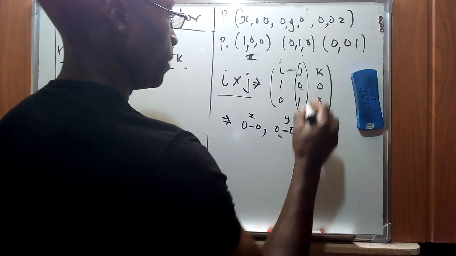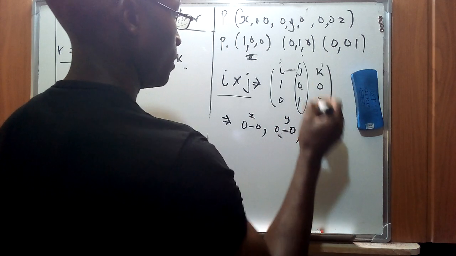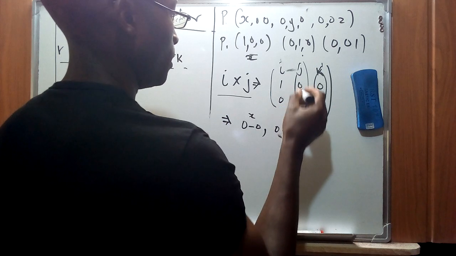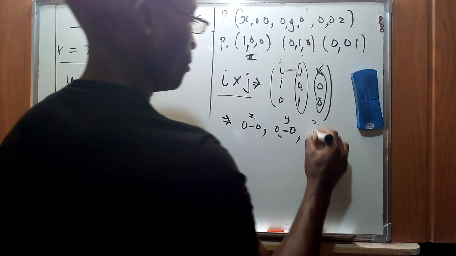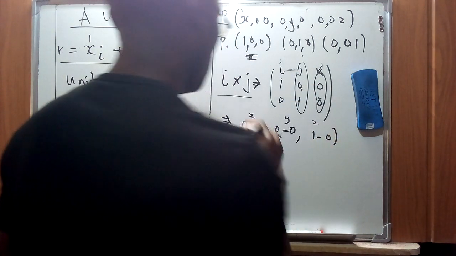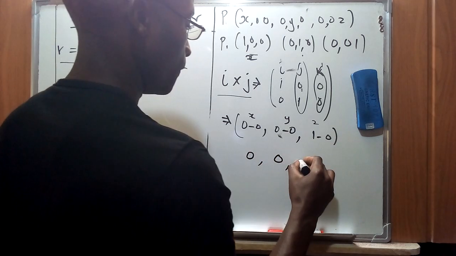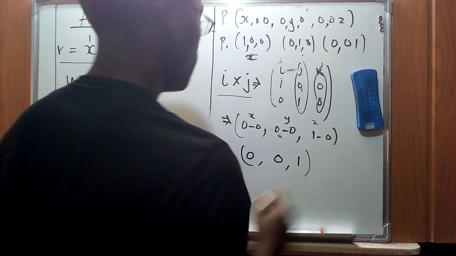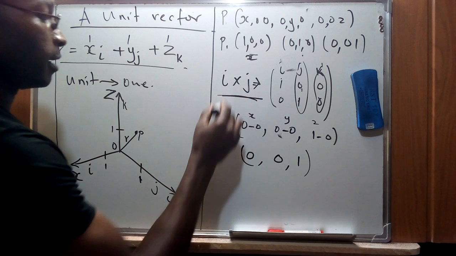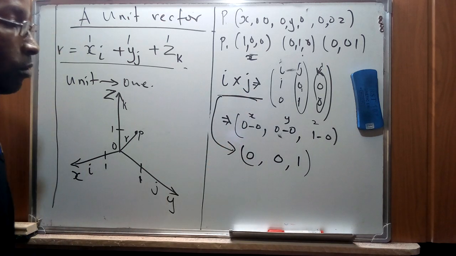For the z, we ignore the last one, and we find the product of 1 minus 0. So this is going to give us 0 for x, 0 for y, and 1 for z, which is the result of the product for that particular case.